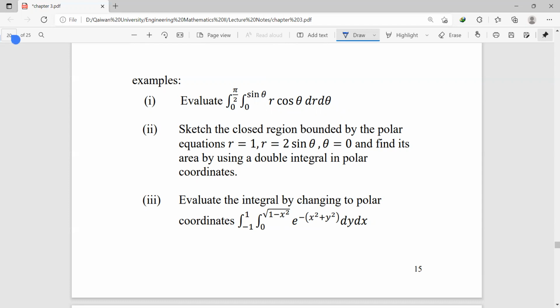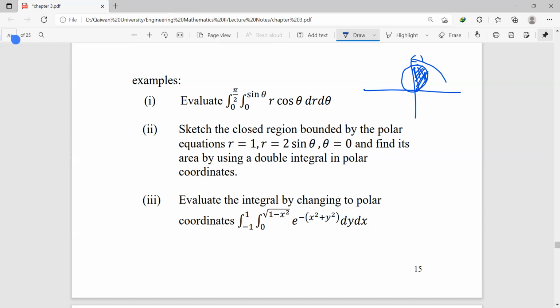If we draw the region here, sine theta is this graph. And the area which is bounded by these is from 0 to pi over 2. That means from here to here. For this graph, it's only this region.